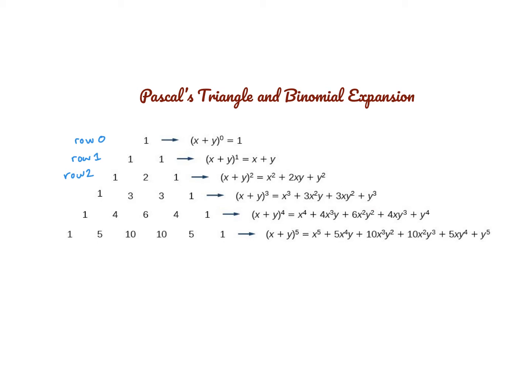You'll notice that to raise a binomial to the power of 3, we can look at the numbers from row 3 of Pascal's triangle, 1, 3, 3, 1, and we see that they're actually the coefficients of the terms in our answers. So these numbers from Pascal's triangle are going to be a really big part of this binomial expansion that we're going to be doing today.